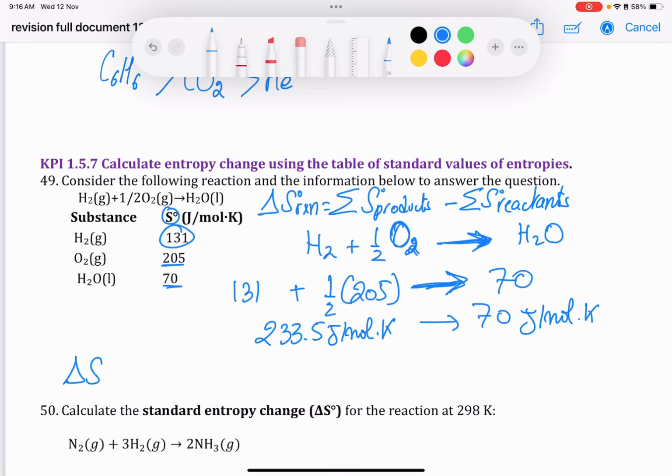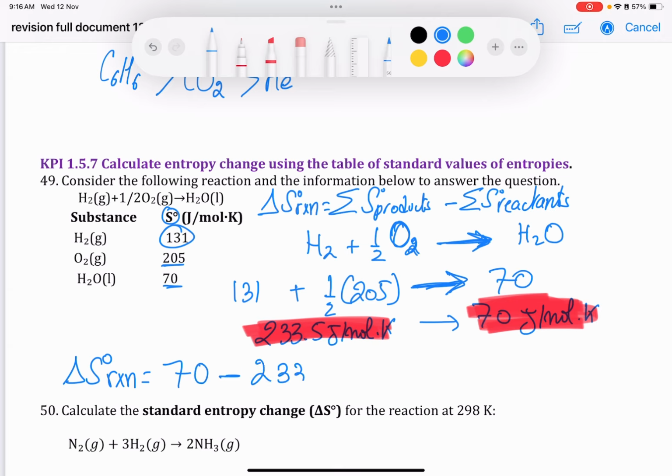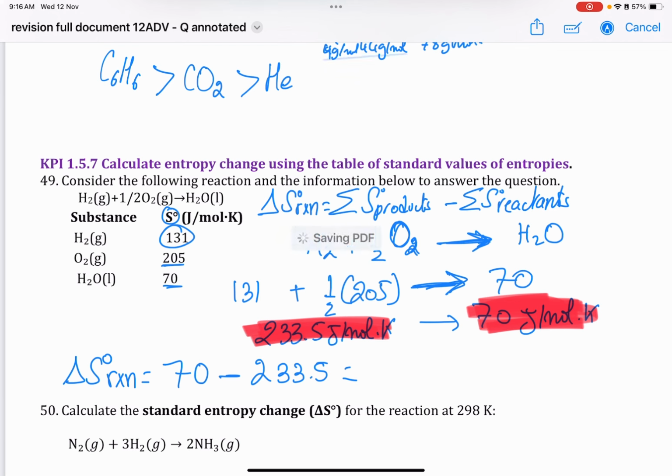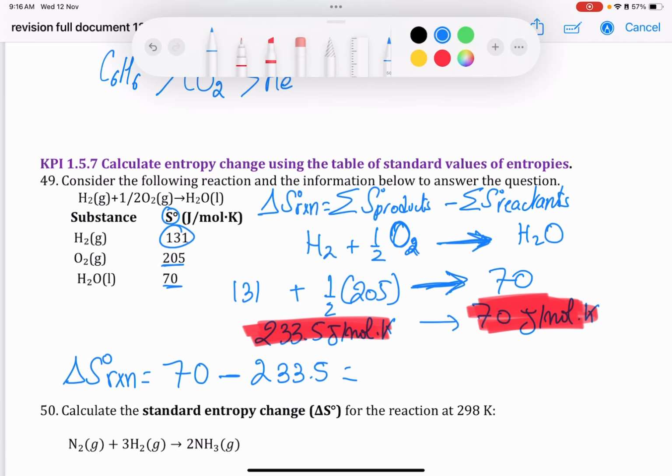Now to find the entropy of the reaction, it is always final minus initial, or the entropy of products minus the entropy of reactants. So it is 70 minus 233.5, and the final answer is negative 163.5 joules per mole Kelvin.